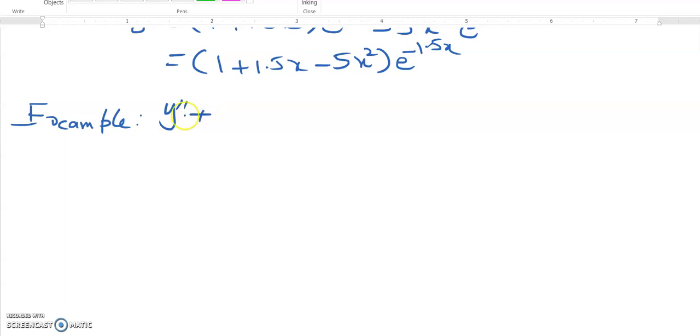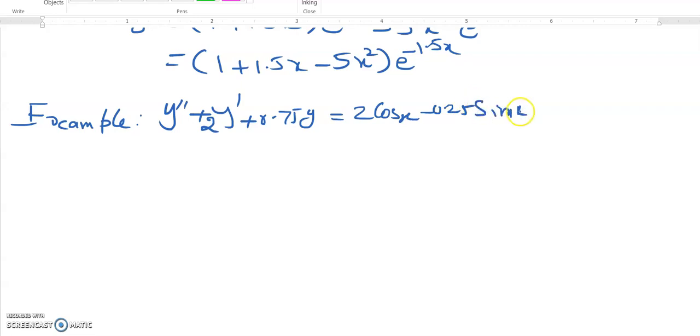So let's see this equation: y double prime plus 2y prime plus 0.75y is equal to 2 cosine of x minus 0.25 sine of x plus 0.09x.